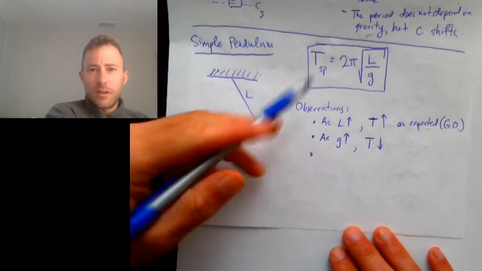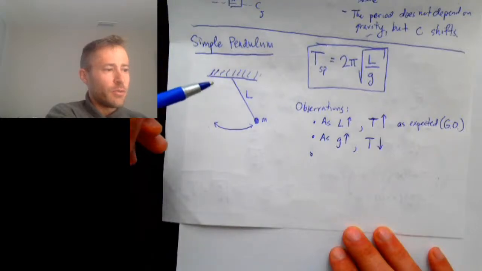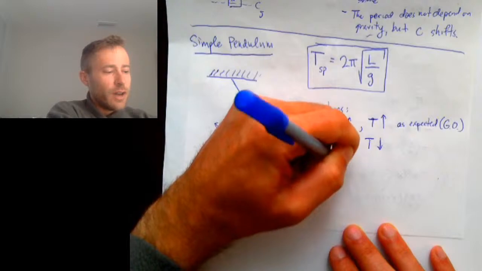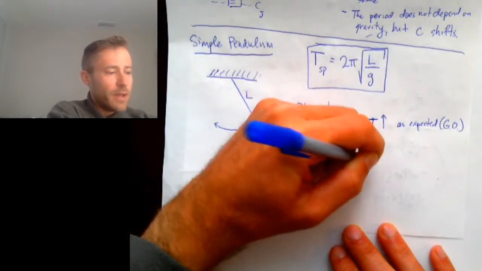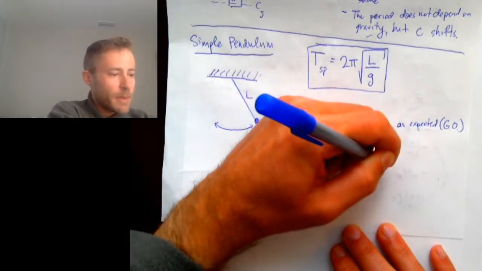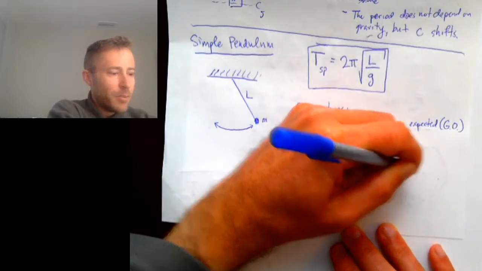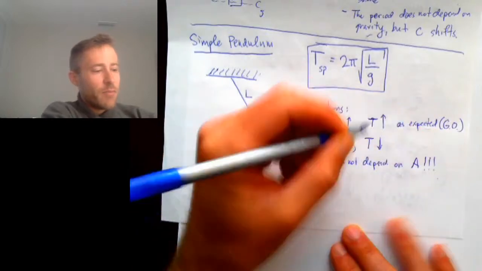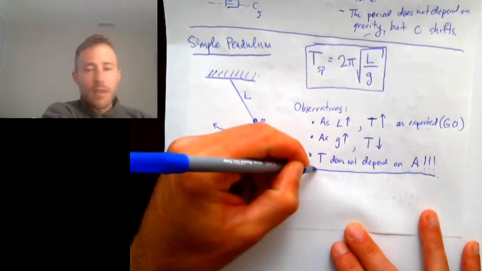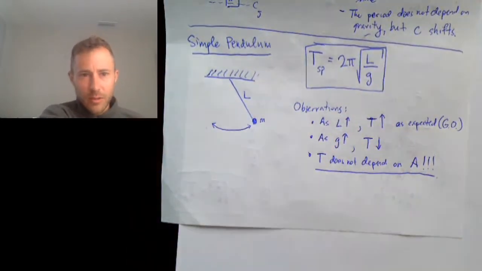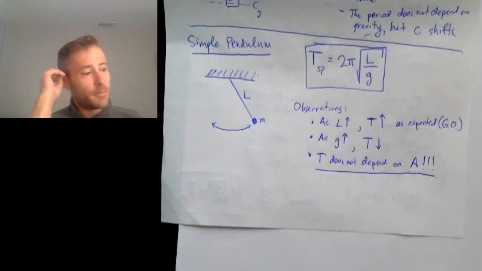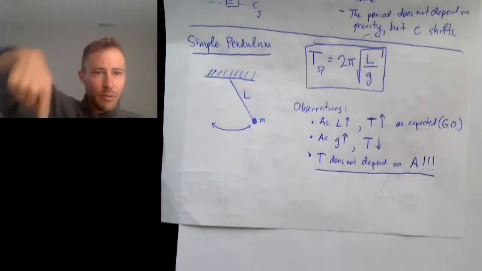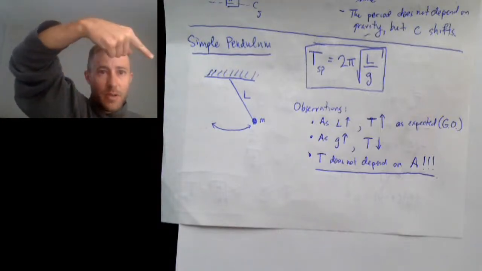So now we're just going to make similar observations. Again, the period does not depend on amplitude, for the same reason as in the mass spring system. Now, amplitude of a pendulum is kind of like how big the swing is.